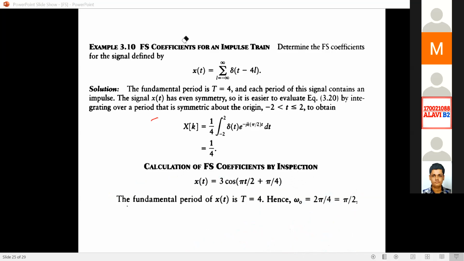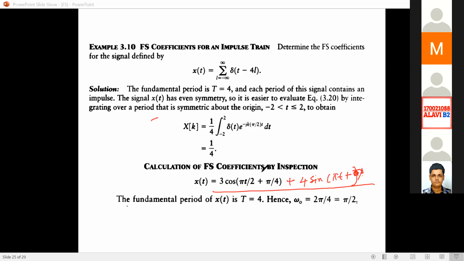For example, if this problem is extended in this form, say 4 into sine pi t plus, say, pi divided by 2, or something like this. If we have another term added with it, then how many Fourier constants will we have in exponential form?